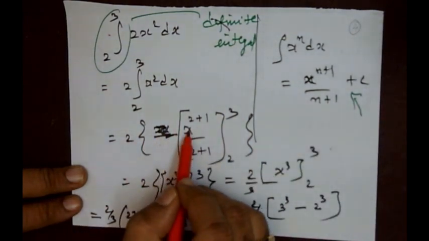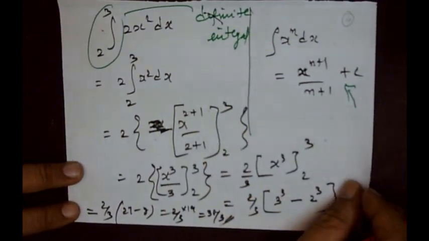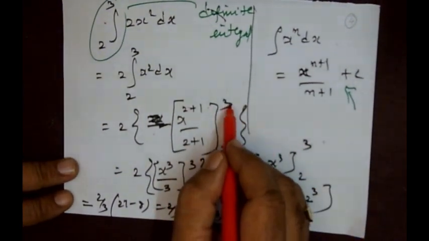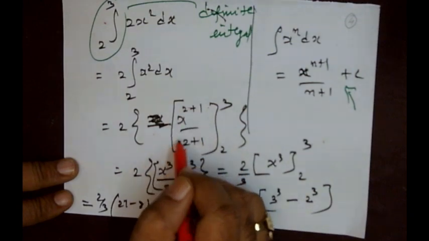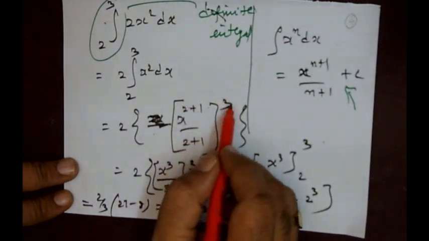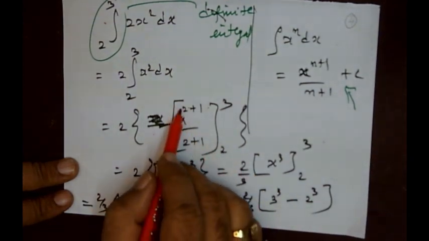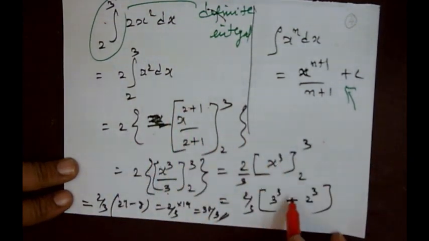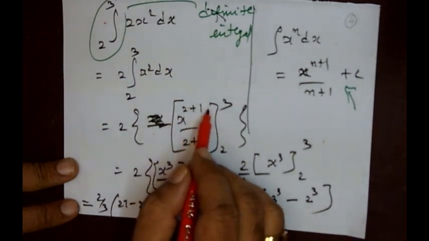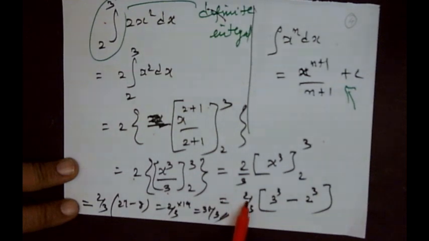So 2 into x power 2 plus 1 divided by 2 plus 1, and between the limits 3 and 2. This is x cube by 3, and instead of x you put the value 3, and minus, then put the value 2. The 2 plus 1, that is 3, can be taken outside the bracket, so 2 by 3.